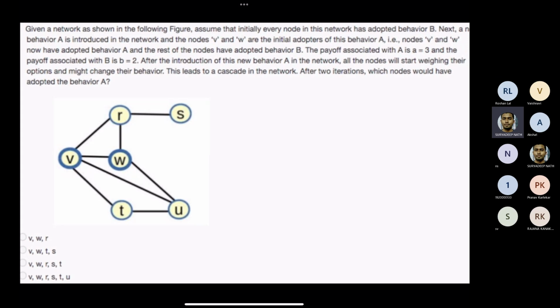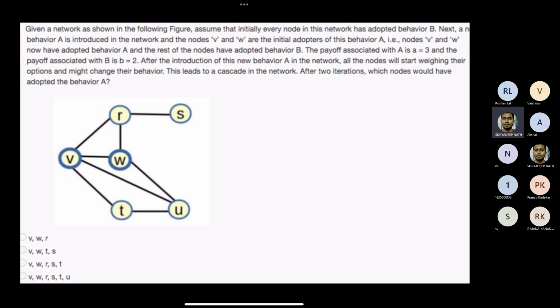So let us revise once again. In the first iteration, R would definitely get converted to behavior A, S would remain at behavior B, T would get converted and U would get converted. But we did not look at what would happen to V and W.